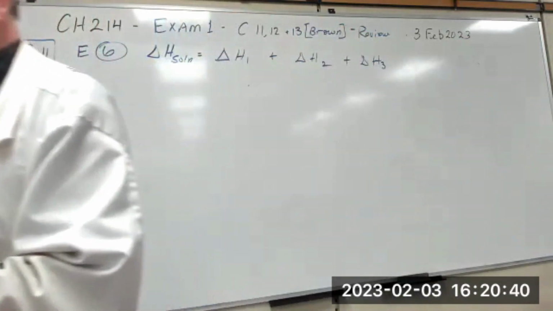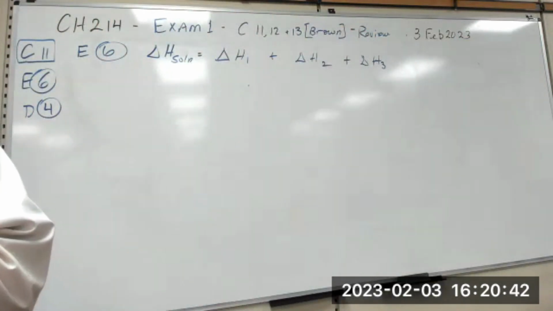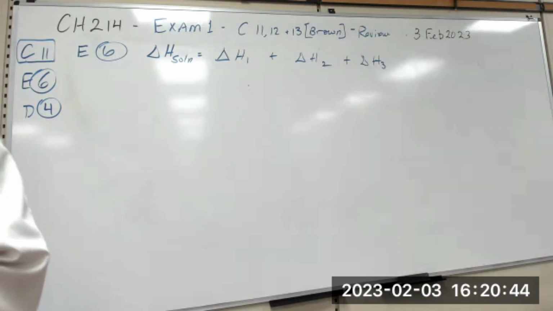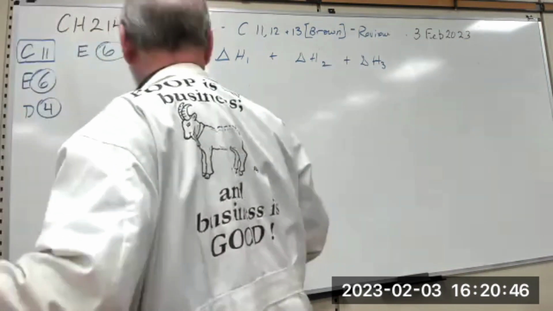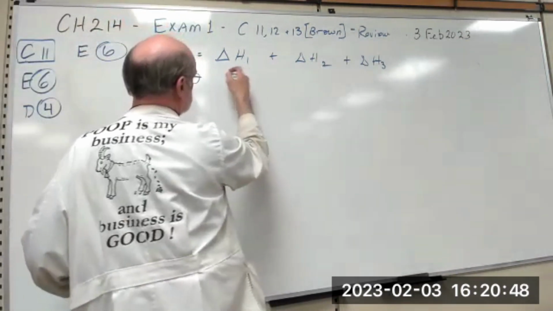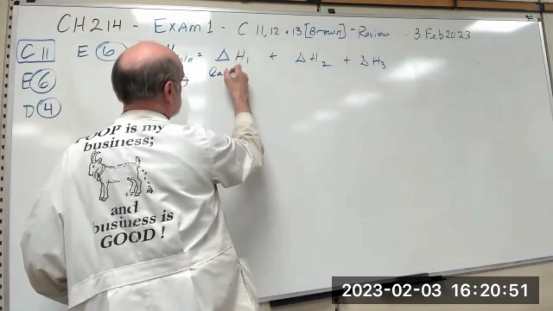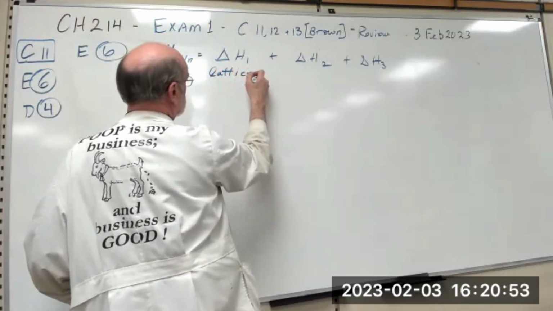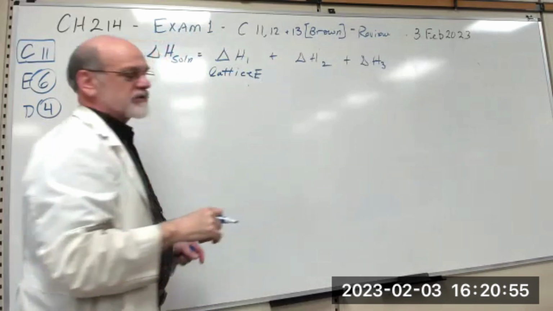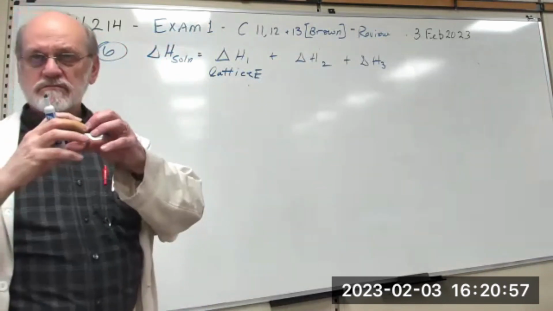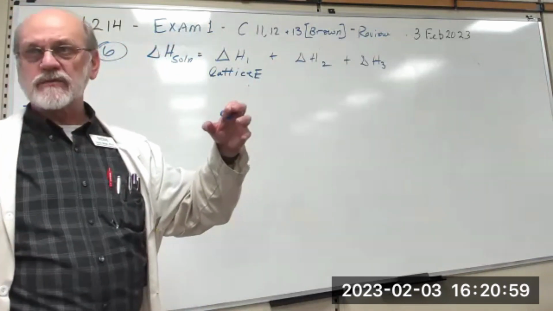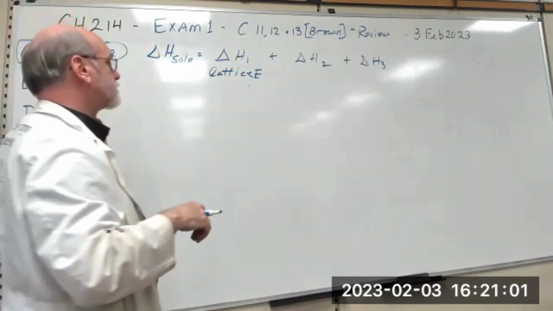And the first one, let me use the terminology they use, is lattice energy. That's how much energy it takes to pull the atoms apart, pull the ions apart.